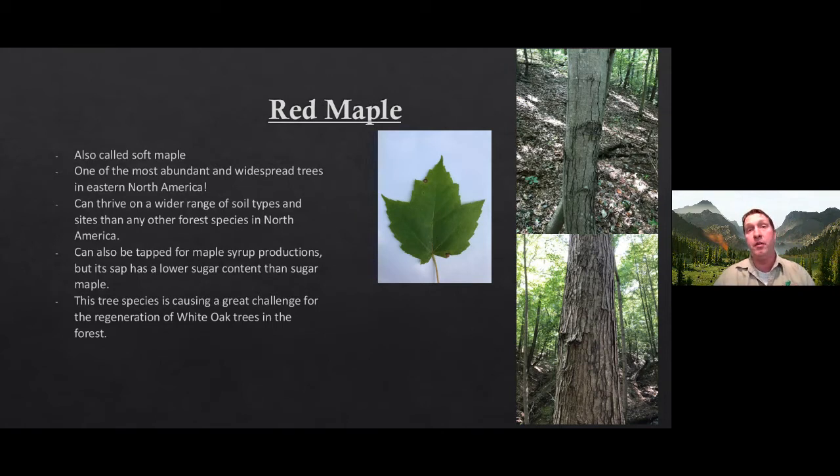That's where this species is impacting in a negative way the growth and development of white oak acorns and restricting their development in the woods. So this is a contributing factor to a challenging germination, growth, and development of white oak as well.